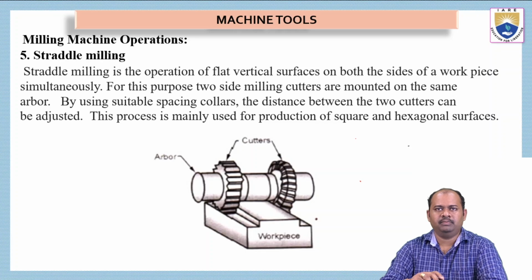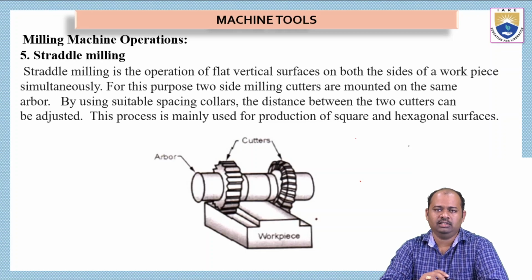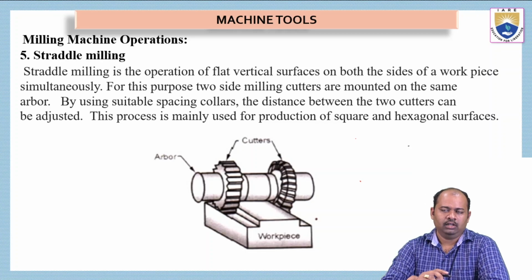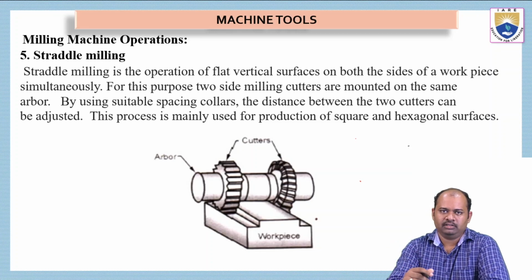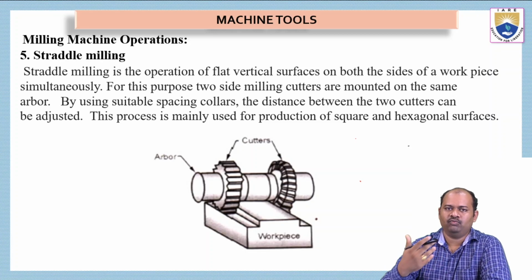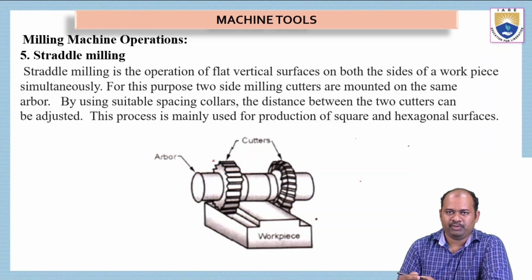And then the fifth type of milling process is straddle milling. Straddle milling is the operation of machining flat vertical surfaces on both sides of the workpiece simultaneously. We can call this a multiple tool milling process, because we have more than one milling tool present here.